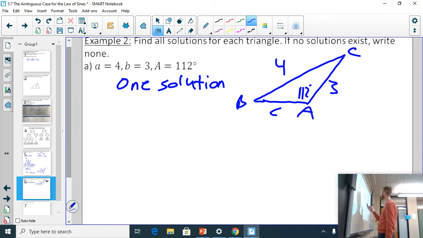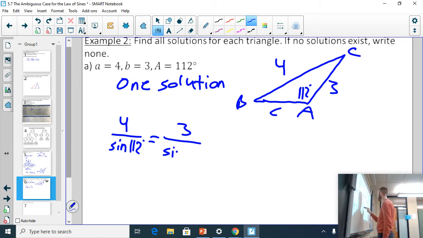And so we're going to have to use an angle to get some things. So let's involve our law of sines. We have 4 over the sine of 112 degrees equals, and then let's pick another side. We know 3 all over the sine of B, and the sine of B is what we're going to want to solve for.